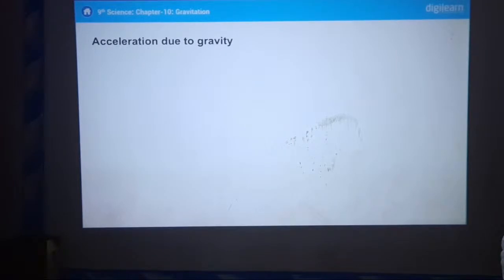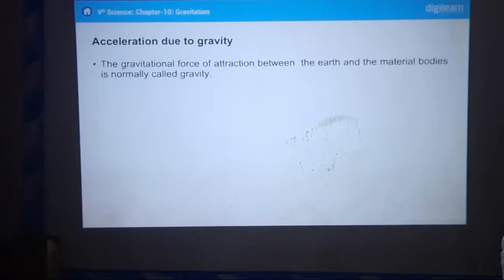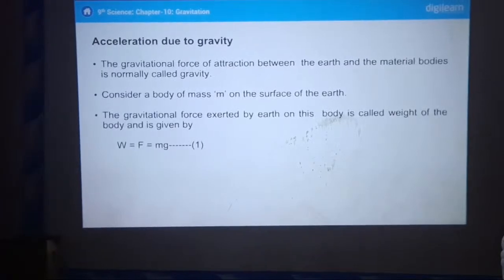Acceleration due to gravity. The gravitational force of attraction between the earth and the material bodies is normally called gravity. Consider a body of mass m on the surface of the earth. The gravitational force exerted by earth on this body is called the weight of the body and is given by W is equal to F, that is equal to mg, where g is the acceleration due to gravity at the earth's surface.